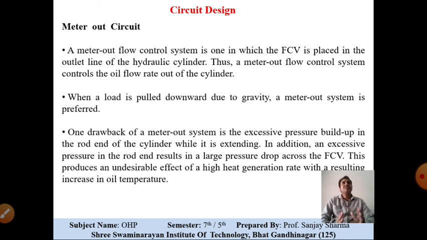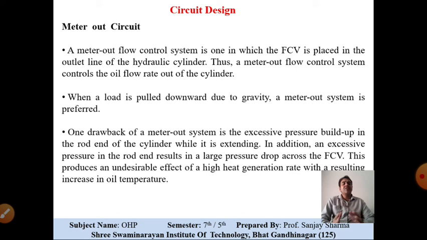Friends, both these systems are fitted as per our requirement. Suppose in any industry we require that punching should be normal and the reverse stroke should be very fast, there we can utilize the meter out circuit. Where the extending speed should be very high and the retracting speed should be normal, in that case the meter in circuit should be utilized.